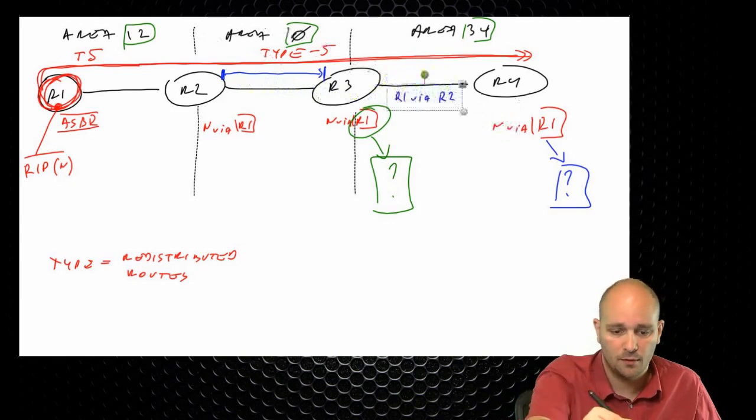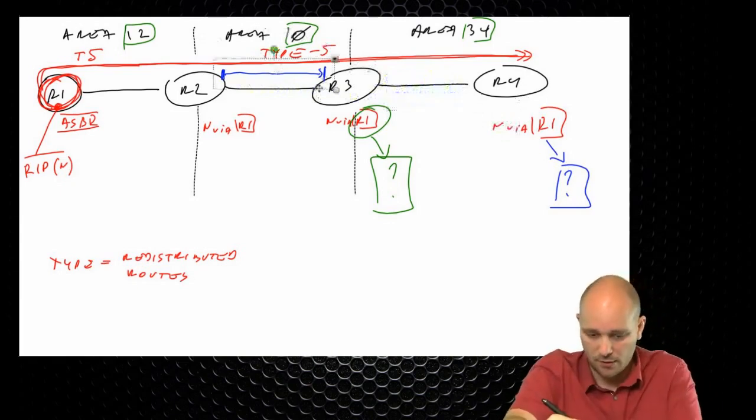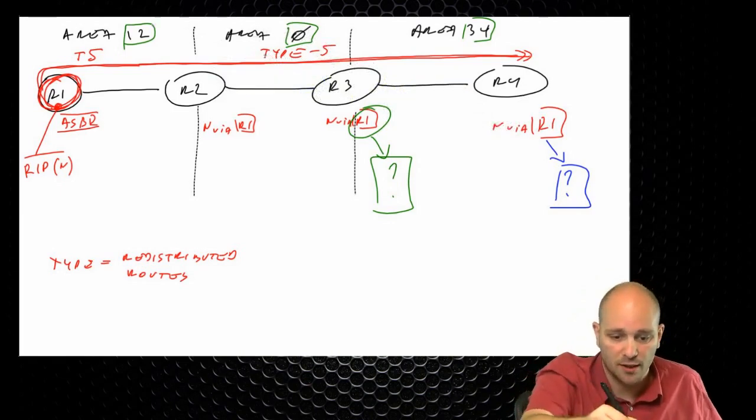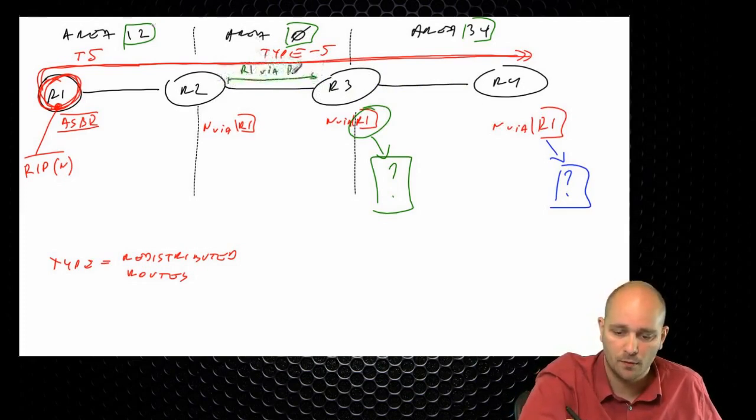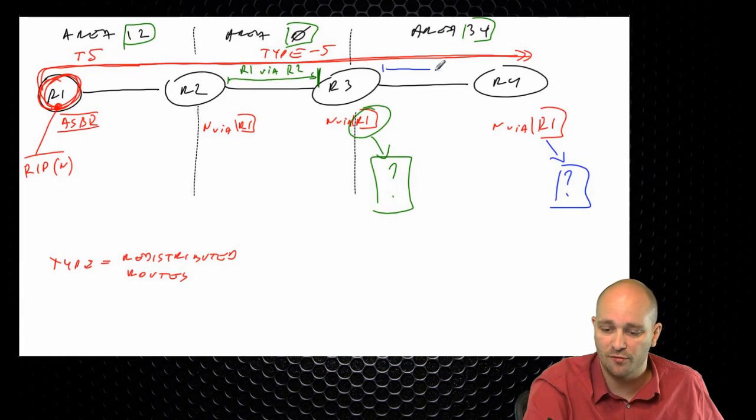So here R2 is going to say that R1 is reachable through R2, and this information stops at this point. R3 is going to generate its own information here that's going to say that R1 is actually reachable through R3.